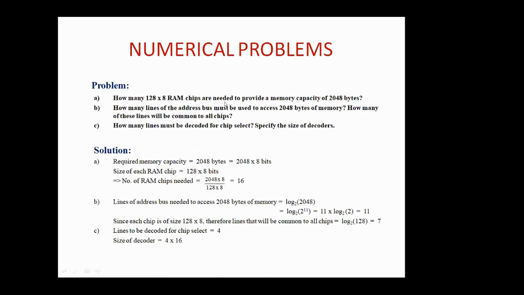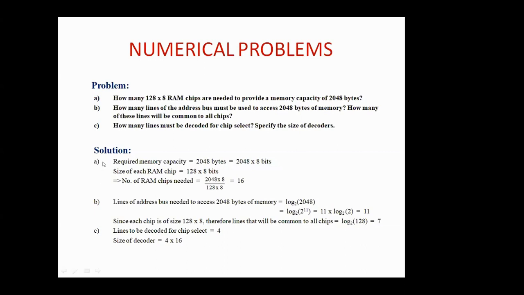So the question is, the total capacity that we require is 2048 bytes, and we are provided with RAM chips, and each RAM chip is 128 into 8. So let us solve this numerical problem.